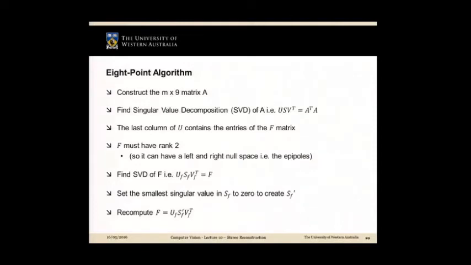Now if you look at these steps, they are pretty easy to implement in MATLAB, because you already have a built-in SVD function. And you can easily find the smallest singular value using the min command in MATLAB, and then you can set that element of the matrix equal to 0.